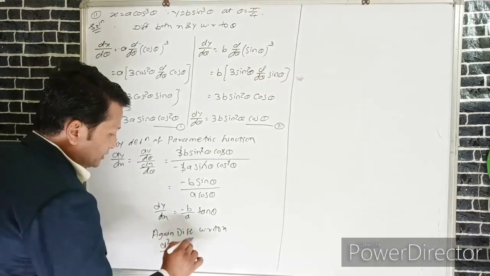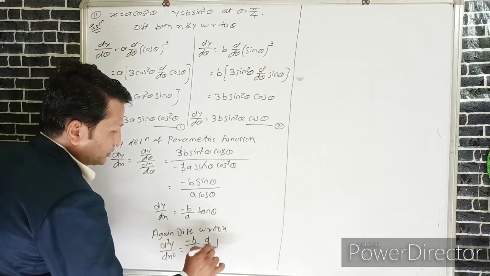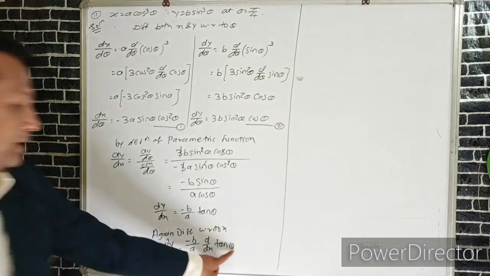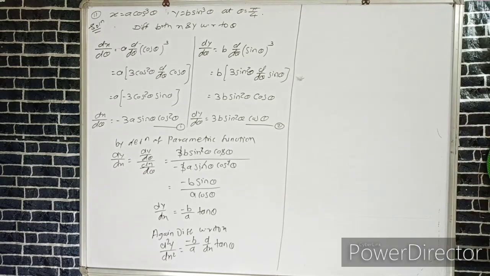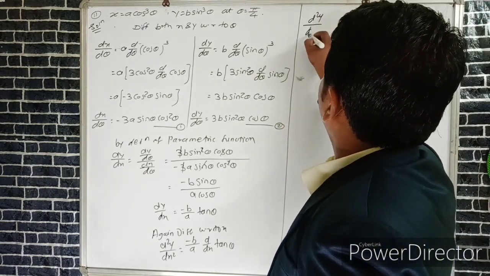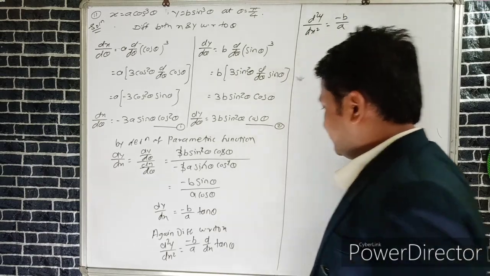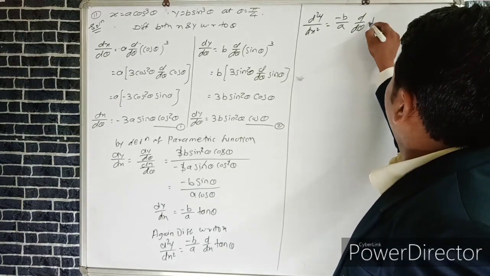Here minus b upon a is a constant, we can take the derivative with respect to x of tan theta. But here theta is a parameter, a differentiable function of x. We can write this function d2y upon dx square is equal to minus b upon a, d upon d theta into tan theta.